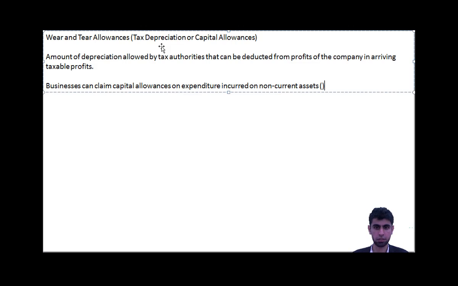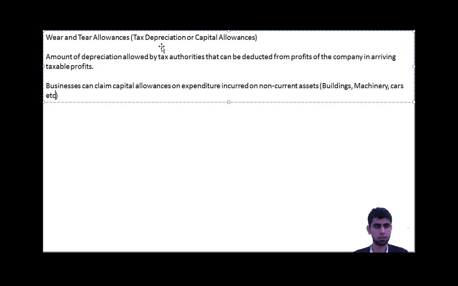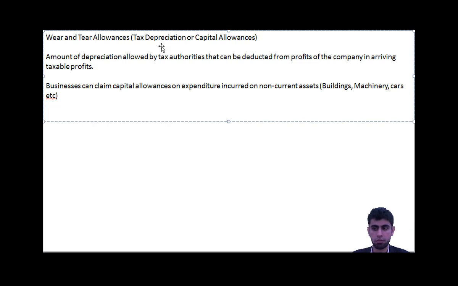Examples of non-current assets: you can have buildings, you can have machinery, you can have cars, etc. So on non-current assets, businesses can claim wear and tear allowances.